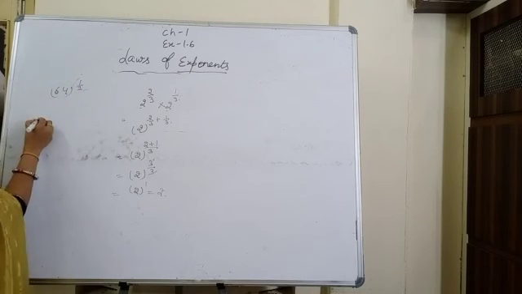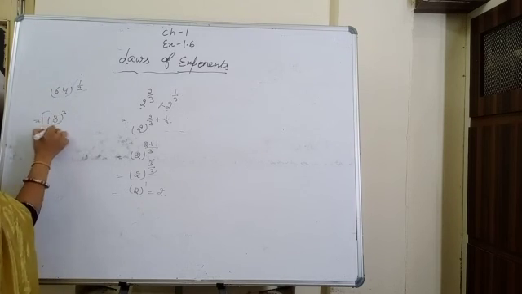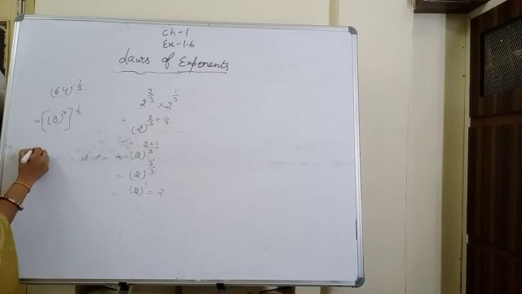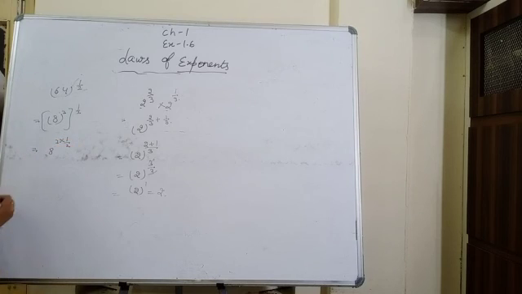So 64 can be written as 8 square, and whole power is 1 by 2. Power of power, both powers will be multiplied. So 8 raised to power 2 into 1 by 2. 2 and 2 cancel, 8 raised to power 1, that is 8. So this is according to fourth law.